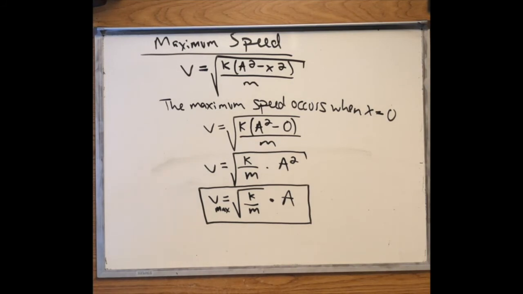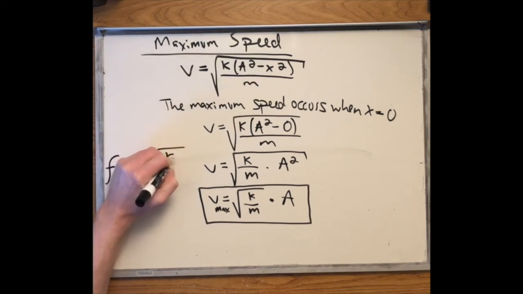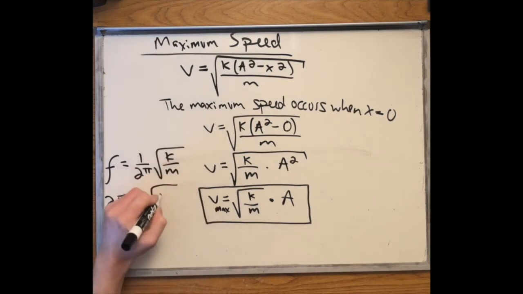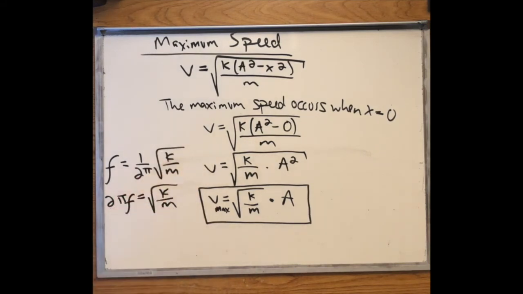I hope there's something about that equation that looks a little familiar to you. That square root of k over m. What is that? Oh yeah, frequency equation. That's weird. Notice I can solve that for root k over m by multiplying both sides by 2 pi.